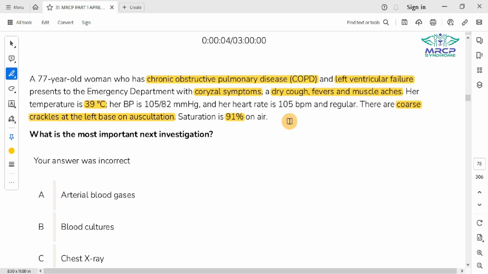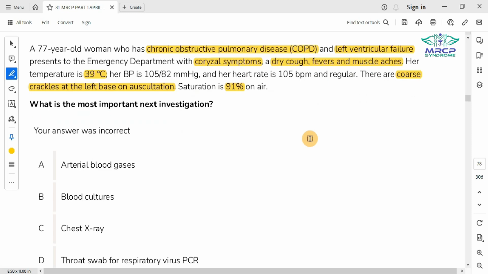Her temperature is 39 degrees Celsius. Blood pressure is 105 over 82 millimeters of mercury, and the heart rate is 105 beats per minute and regular. There are coarse crackles at the left base on auscultation. The saturation is 91% on air. So what is the most important next investigation?